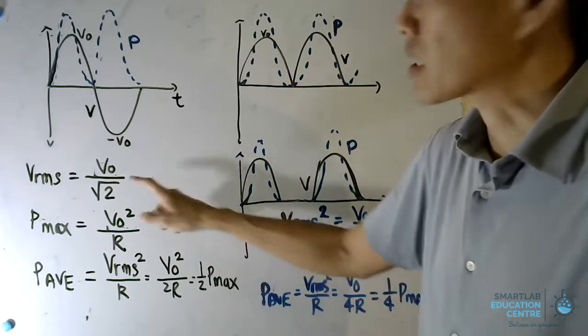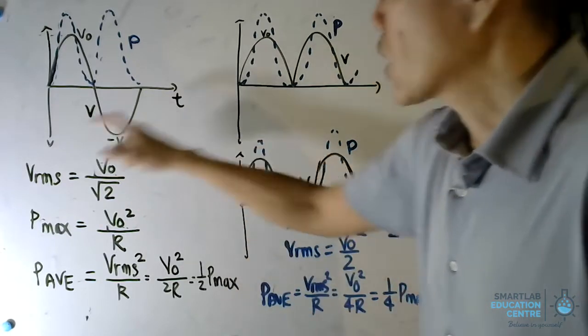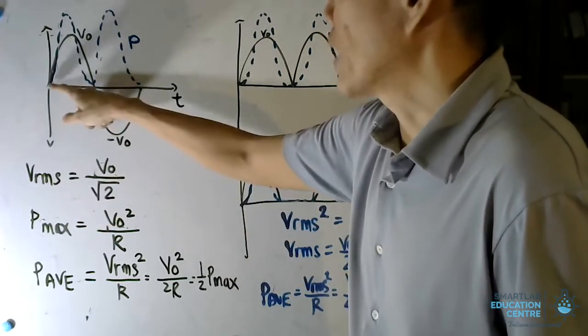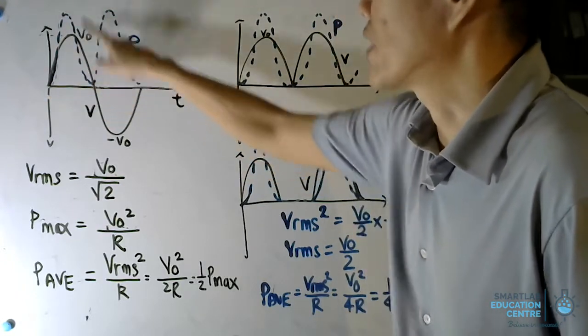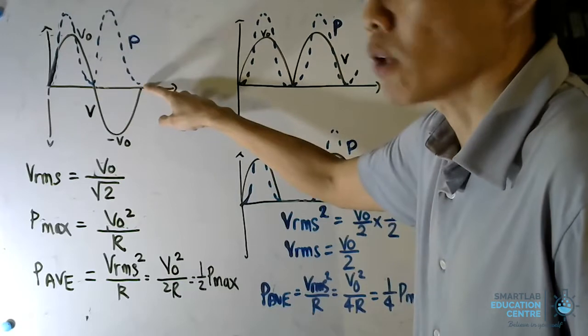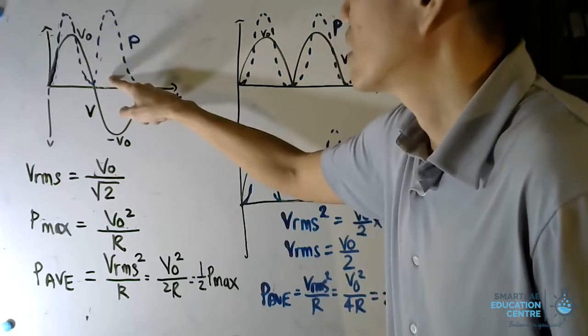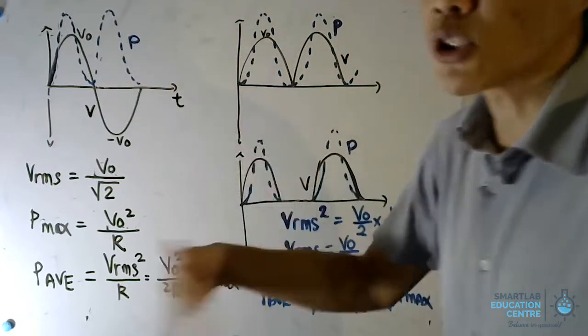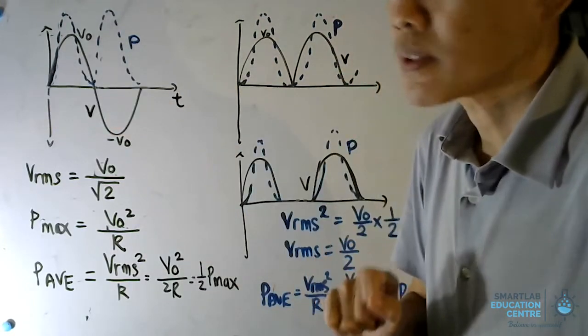The reason is that when you work out the root mean square value, you actually square every voltage value, and you'll get a graph very much in dotted form. Then you sum up the area under this graph, and after that you divide by the period.